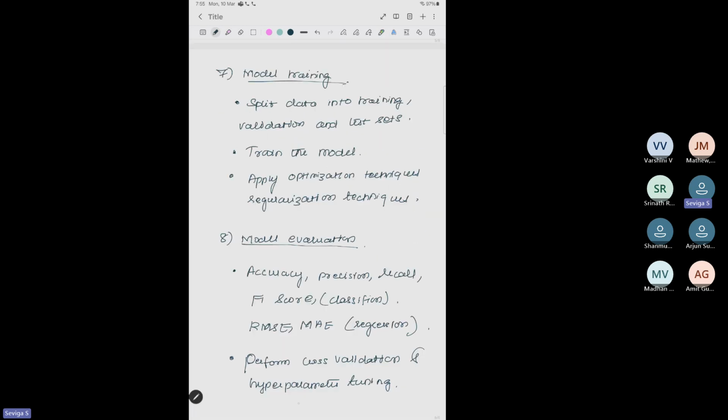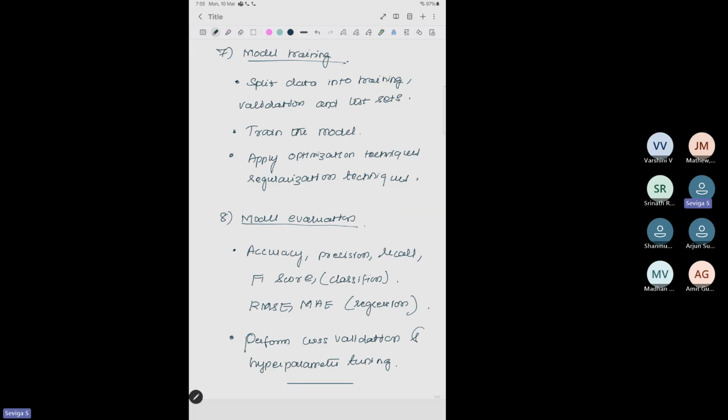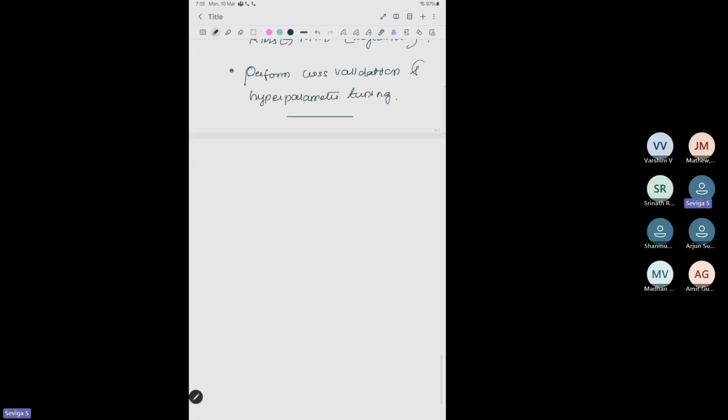So I expect you to complete till the 8th step. But in the whole machine learning cycle, the next step involved is model deployment. Once the model is ready and evaluated, we have to deploy it in a real-time setting. You can deploy it as an API model or a web-based app, or you have to integrate it with other systems.